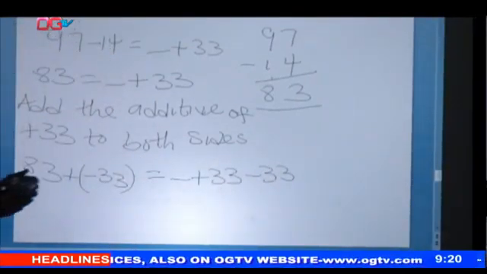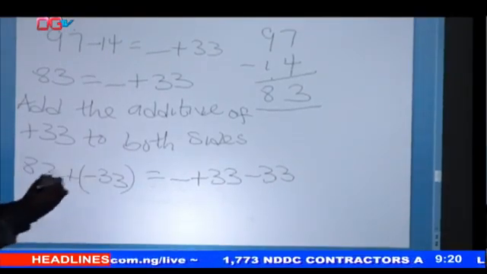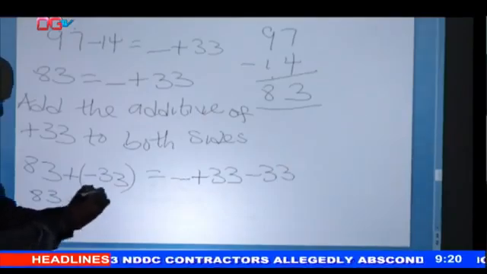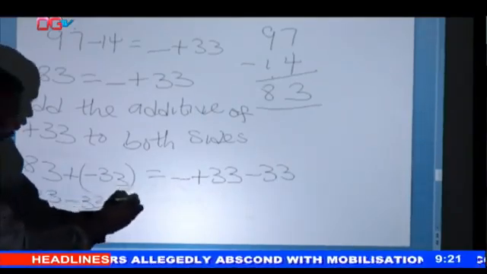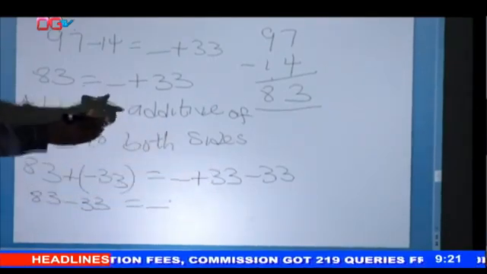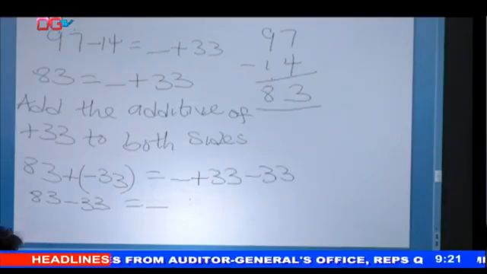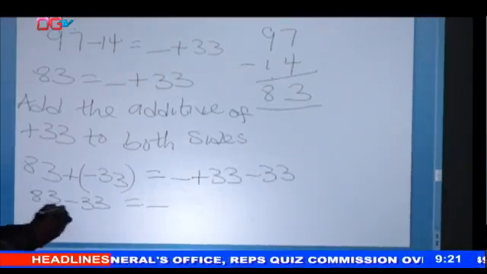Okay? This here will give us 83 plus times minus will give us minus 33 equals dash, and plus 33 minus 33 will give us 0. So what do we have left here? We have 50.